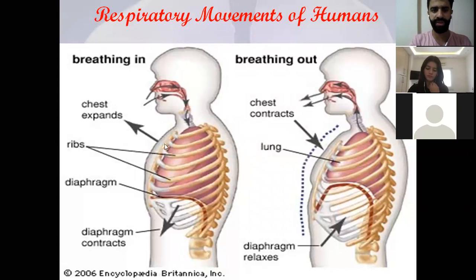Ribs, these are the ribs, the thoracic cage. During breathing in, my chest will expand, will increase in size, and during breathing out, the chest will contract, will go back to its position. The diaphragm is a muscle that contracts during inhalation and relaxes during exhalation.